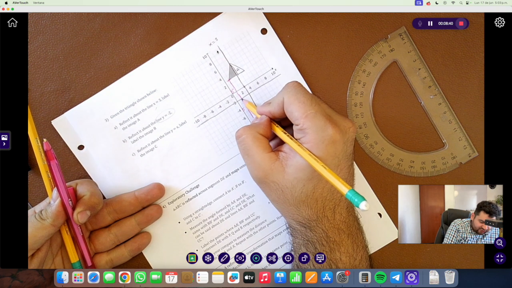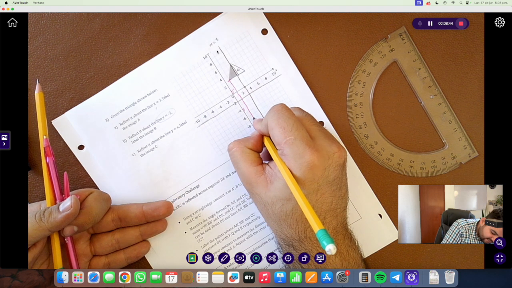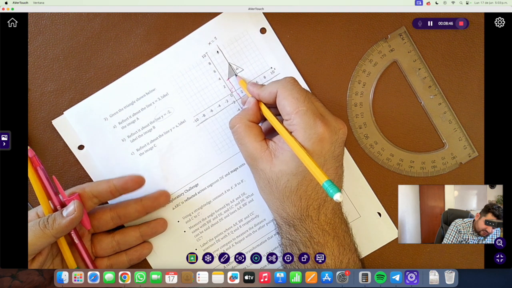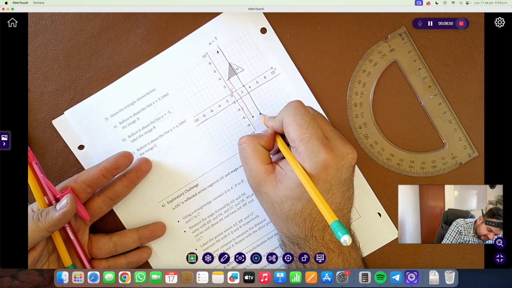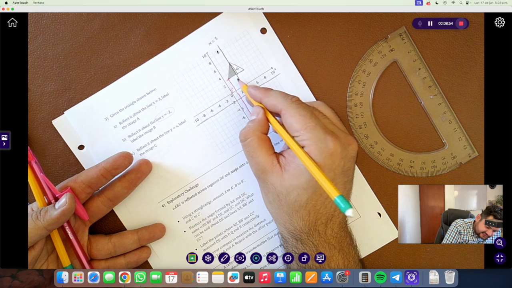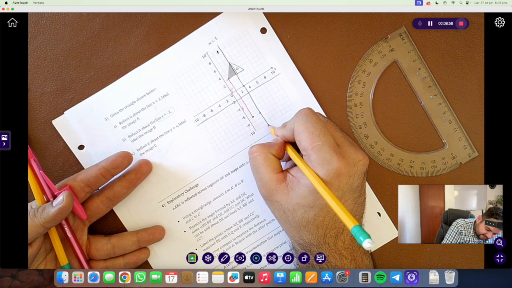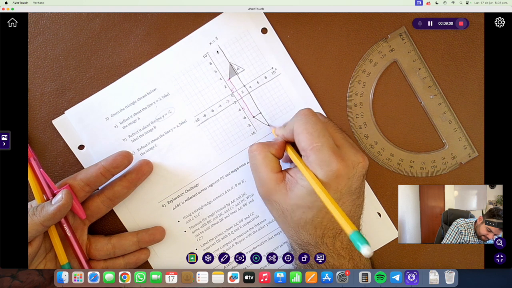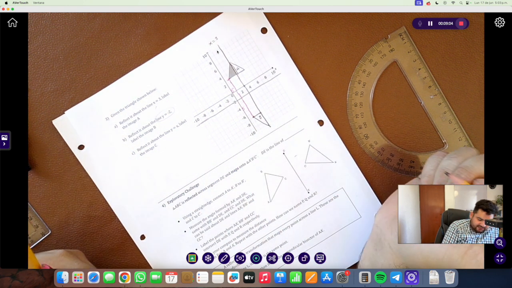So the distance from the line to the point is the same on both sides. So this point is also 5 units from the line. And this point is 8 units from the line. So 1, 2, 3. So here you have shape B.